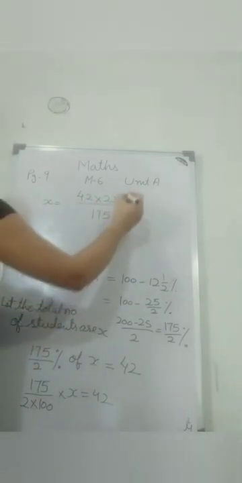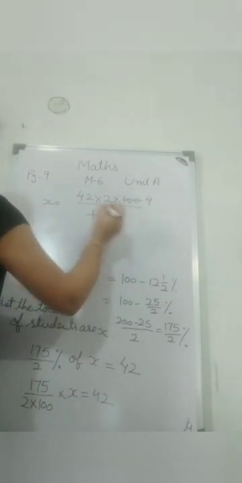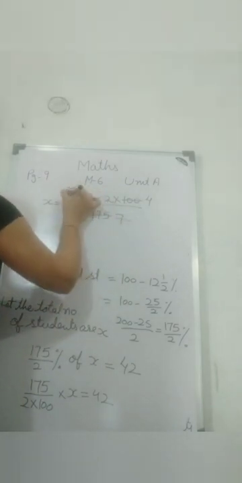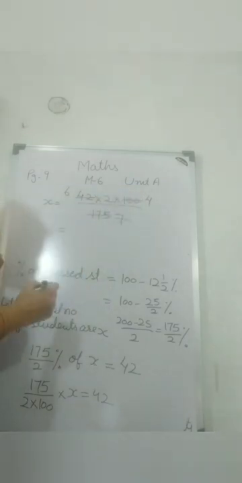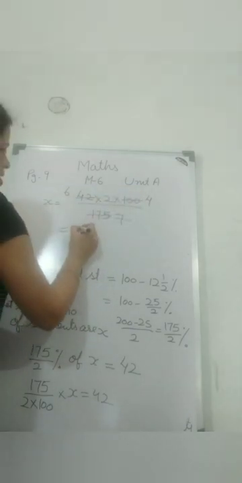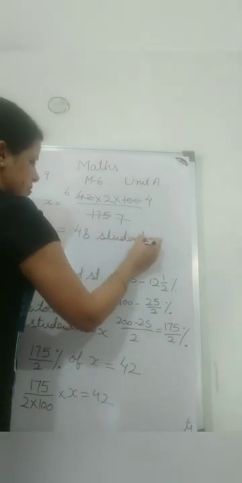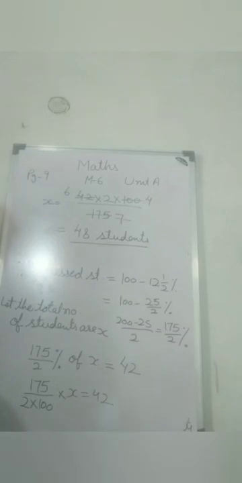So we can cut it by 25, 25 4s are 100, 25 7s are 175. Now we multiply them. 6 2s are 12, 12 4s are 48 students. This is the answer of this question. Okay, understand this?